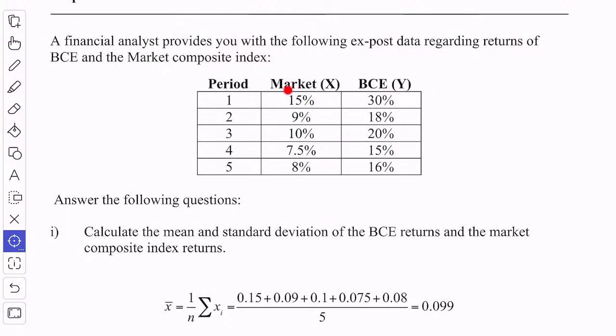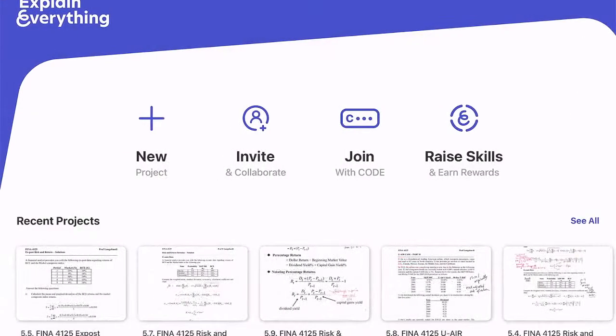So this would be the market return. This is for the stock. So the stock return was calculated this way by considering the dollar return divided by the price last period. So that's what we're figuring out.